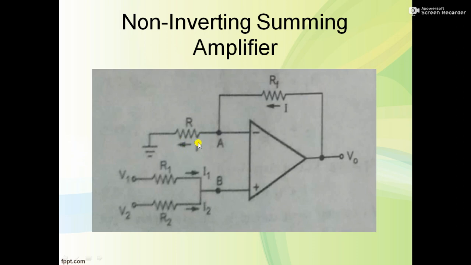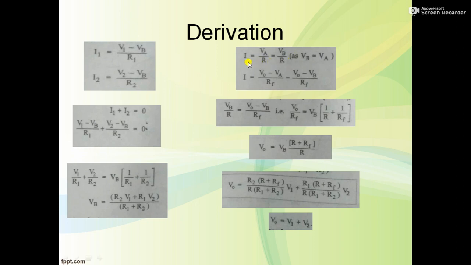This is one more current I. If I is equal to VA by R, it is also equal to VB by R, because whatever the voltage at node A is also equal to node B. So now the virtual ground concept is applied here. Then one more current is there at the output side, the feedback side: (V0 minus VA) by RF or (V0 minus VB) by RF.